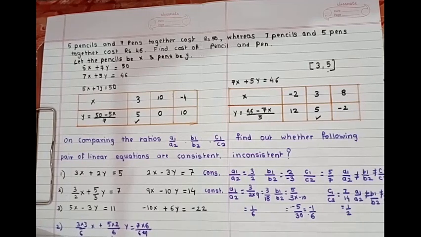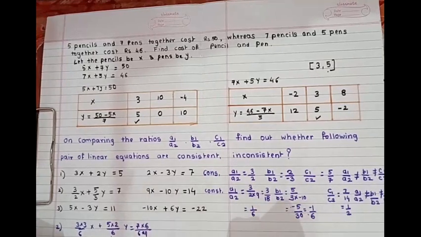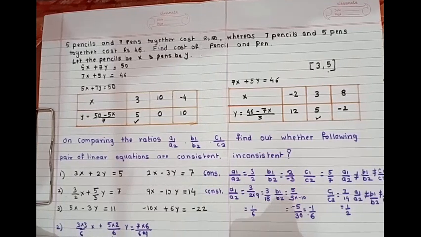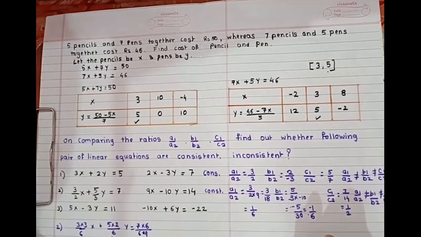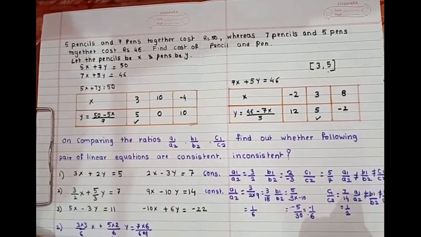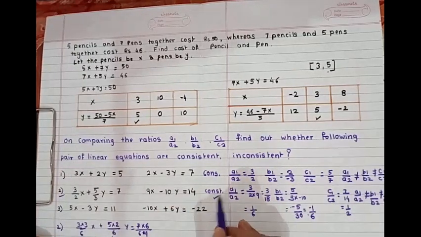This coefficient a1 upon a2 is 1, b1 upon b2 is minus 1 because the 10 cancels, 9 cancels, and c1 upon c2 will be 42 upon 14. So it will be 3. So all three are not equal. So again you get consistent. So with both methods, whichever method you find proper, you can find consistent.